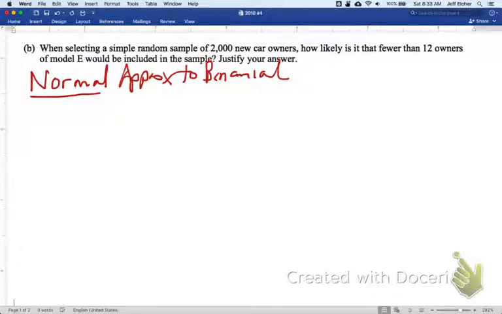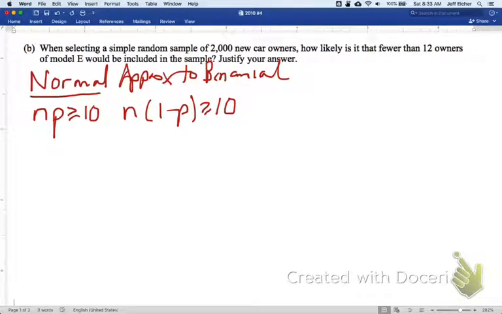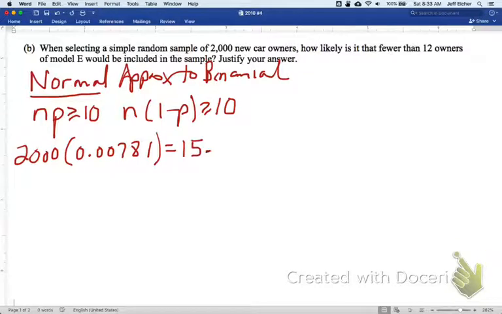To justify using a normal curve, we have a condition: n times p has to be greater than or equal to 10, and n times 1 minus p has to be greater than or equal to 10. This is the exact condition that you saw many, many times doing confidence intervals for a proportion, doing significance tests for a proportion or difference in proportions. So in part A, we had calculated this n times p to be 2,000 times 0.00781. If I remember, that was 15.6.